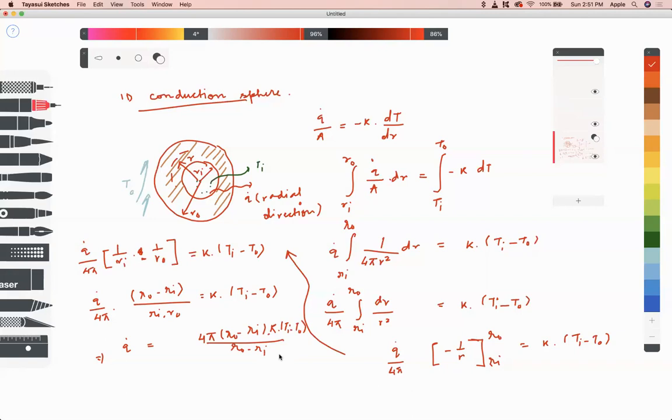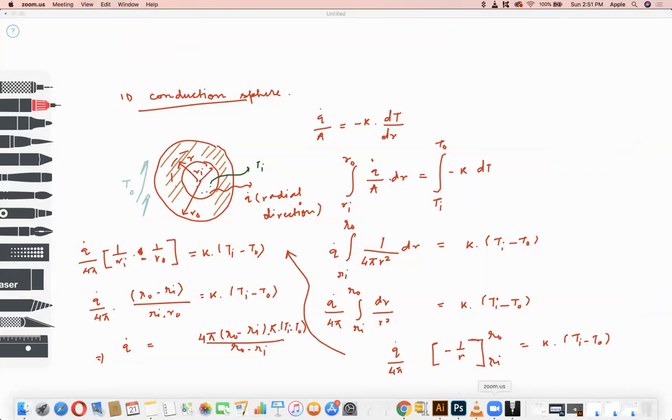So this is your final expression with respect to the sphere. So let us stop this session here, and we will again join shortly.